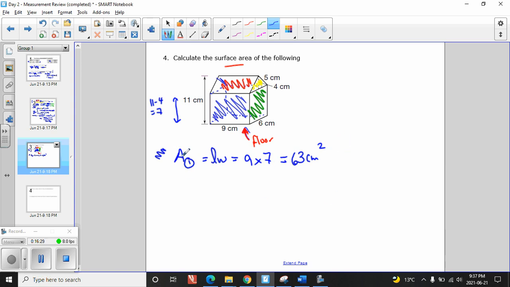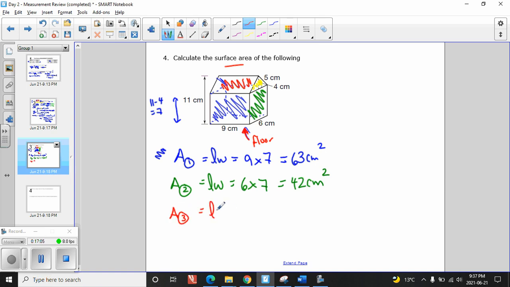For the second shape, let's look at the green, the right side of this house. Shape number 2 is a rectangle, so again, length times width. The length is 6. The width is the height of that, which we just found out is 7. And 6 times 7 is 42. Next up, I'm going to look at the rectangle that's the top of the roof, or the side of the roof.